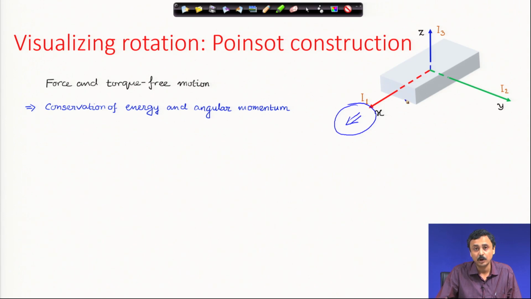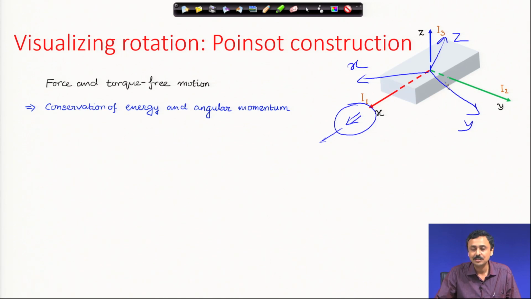Remember, the frame is body fixed, the frame can reorient itself. But the angular momentum vector is going to remain in the same direction as seen by an inertial observer, which means that the angular momentum will have varying projections in the 3 directions, and this is key to this visualization.